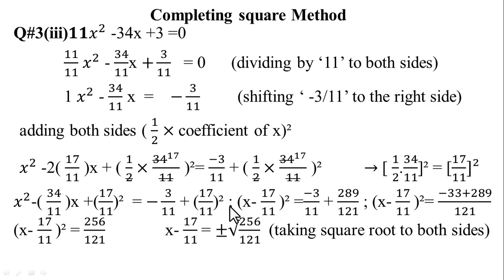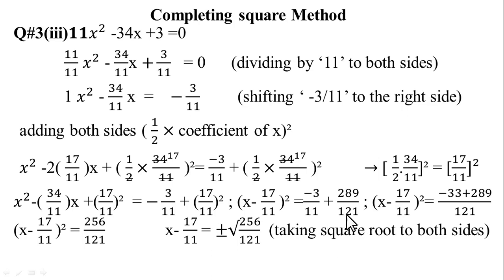This implies that left hand side is x minus 17 upon 11 whole square is equal to minus 3 upon 11 plus 17 square is 289 divided by 11 square is 121.